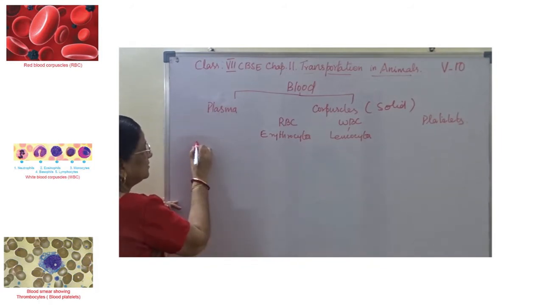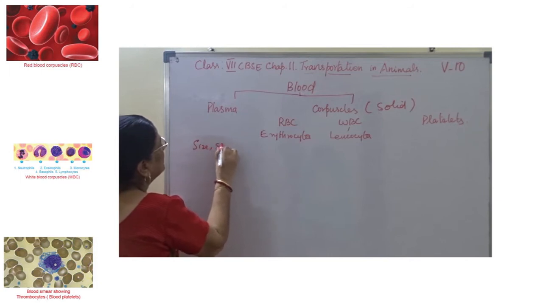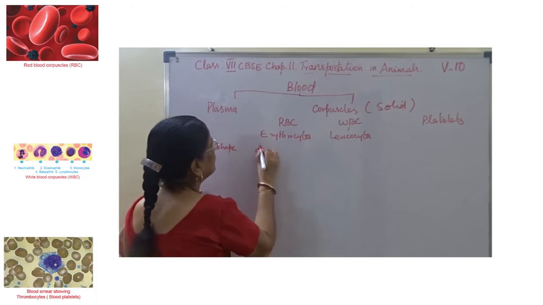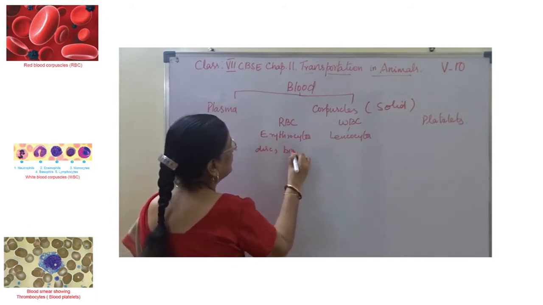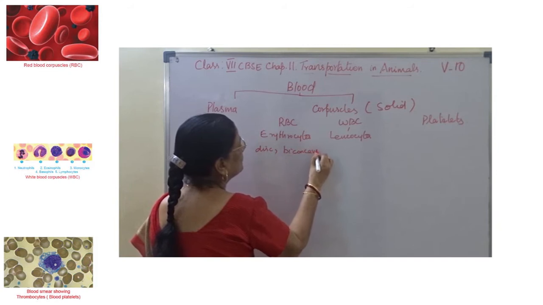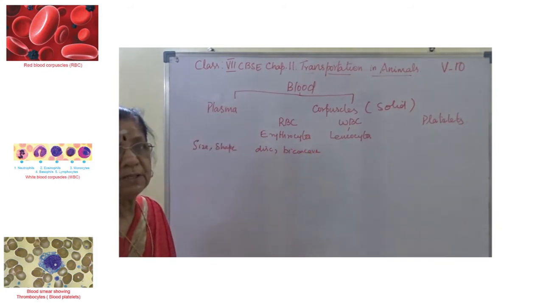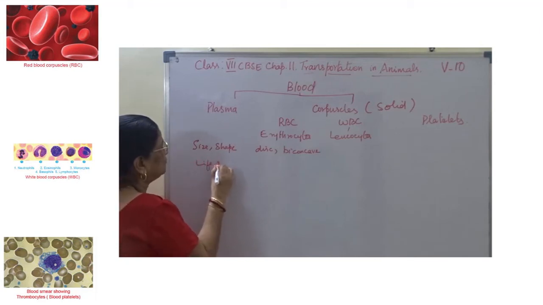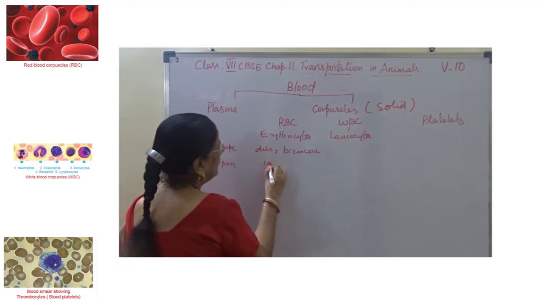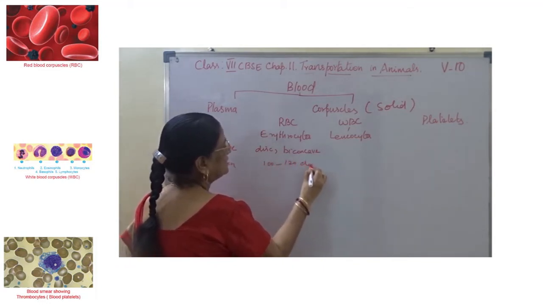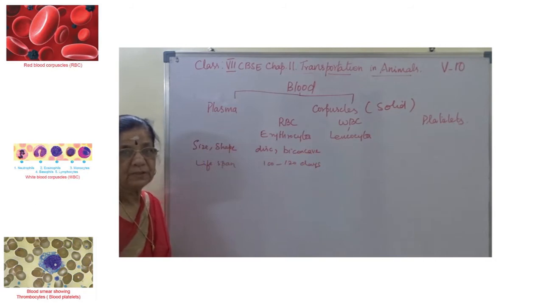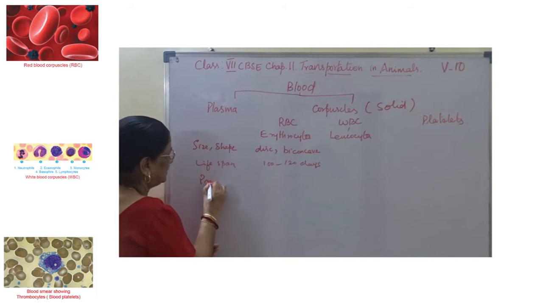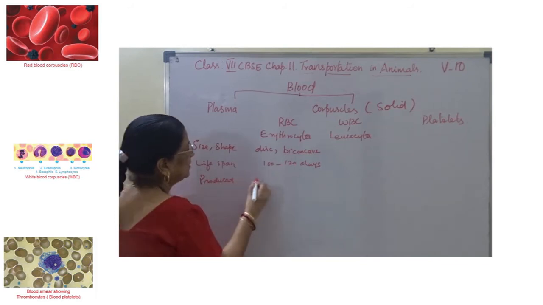So now the features of RBC and WBC. Size and shape: RBC is disc shaped and biconcave. Its lifespan is 100 to 120 days, and it is produced by bone marrow.